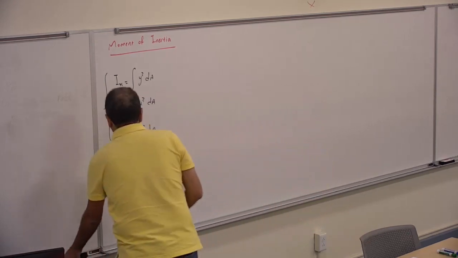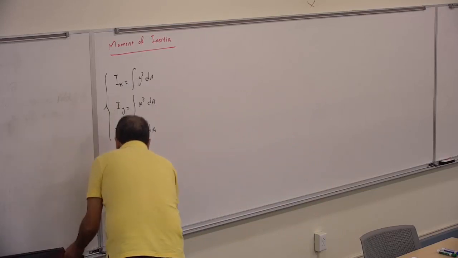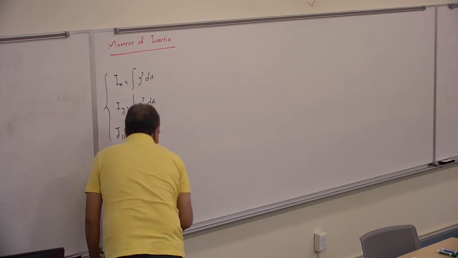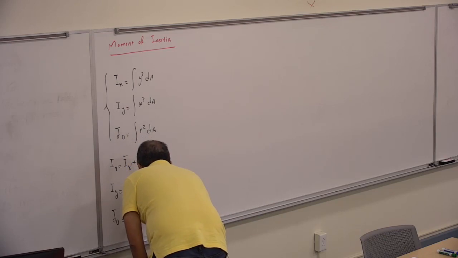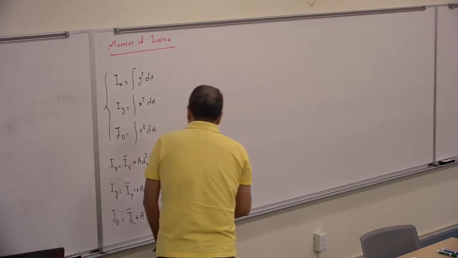And J, sorry, this one is J about the axis, and again, J about the axis will be J that passes through the centroid plus A d squared.